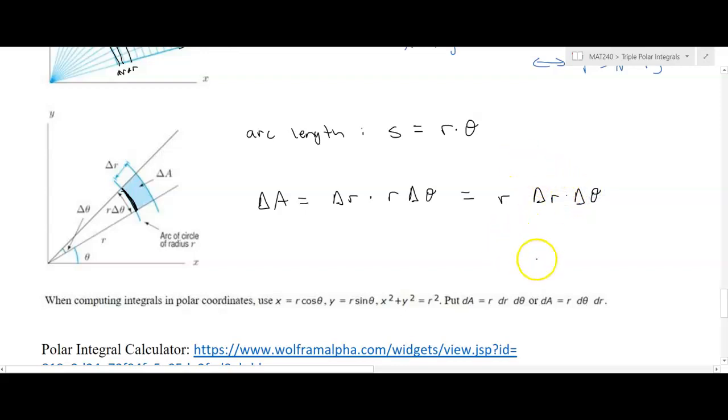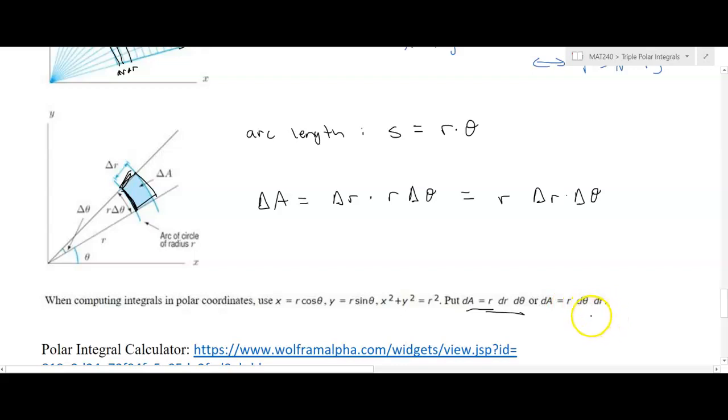And so as delta r and delta theta become infinitesimally narrow, we use r dr dθ. So that's the change in area. That's the area of each one of these little rectangular shaped guys. Or dA equals r dθ dr.